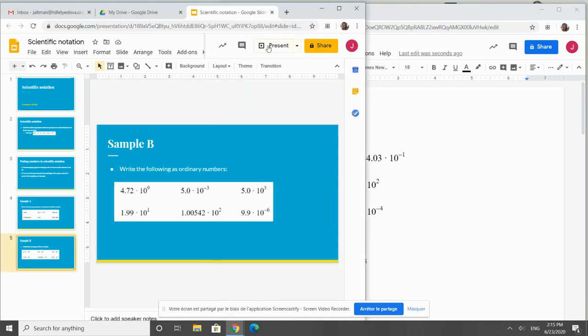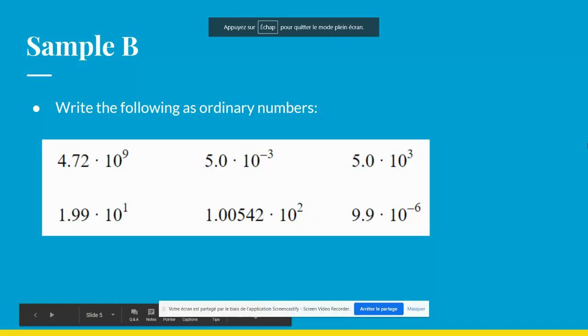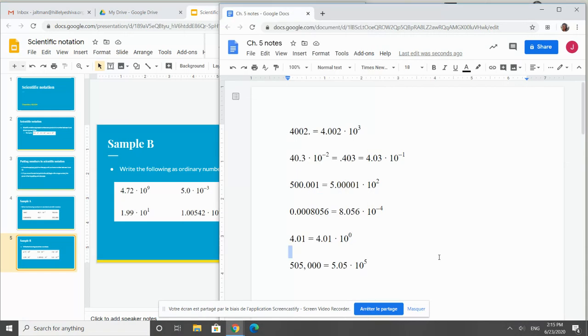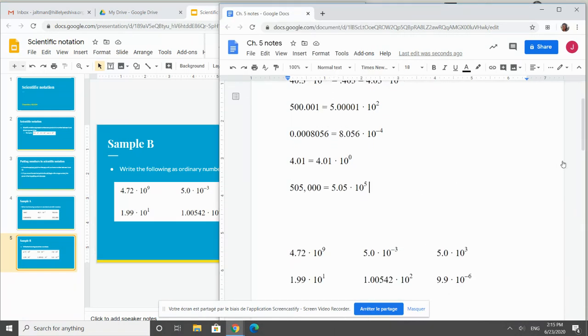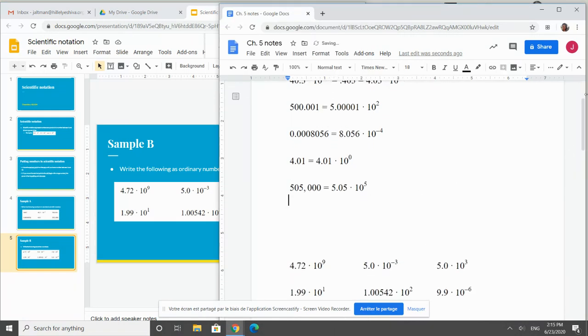Great. Now we're going to take a look at the opposite. I'm going to take a minute and write down the rules for if you're taking a number from scientific notation to regular notation in case that you need them. We're just flipping it, but for some students, writing down precise rules makes things a little bit easier.